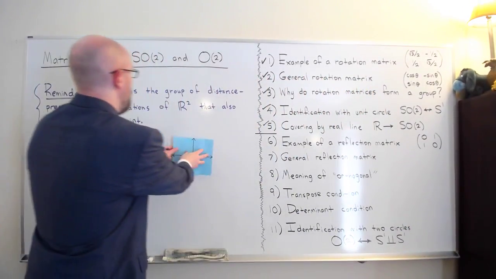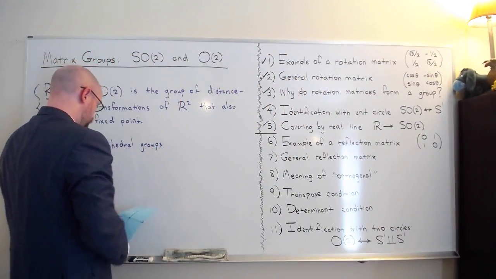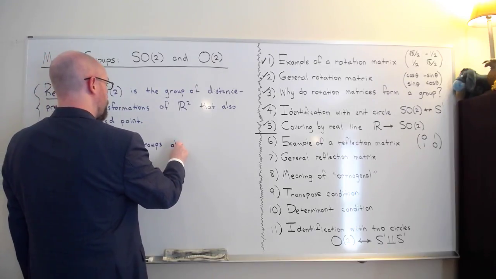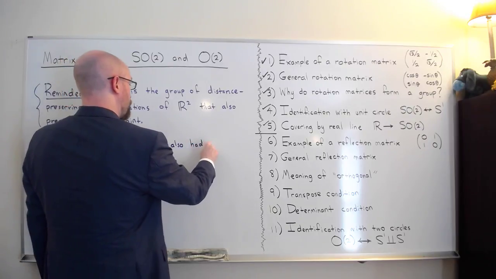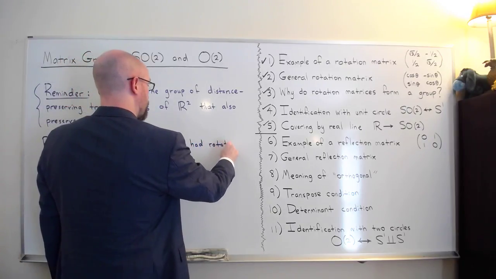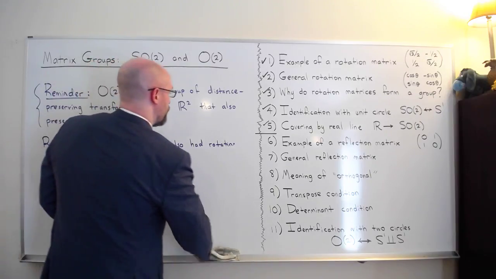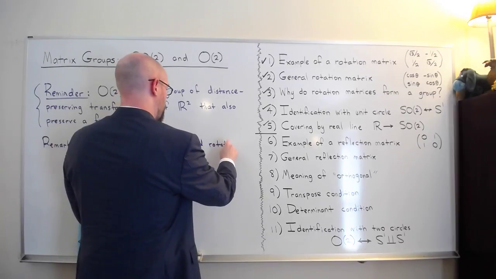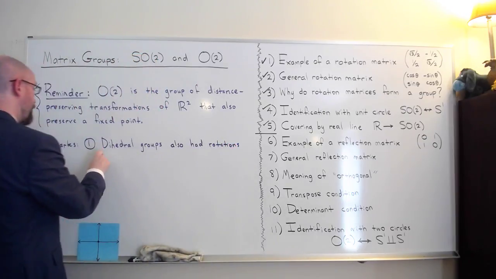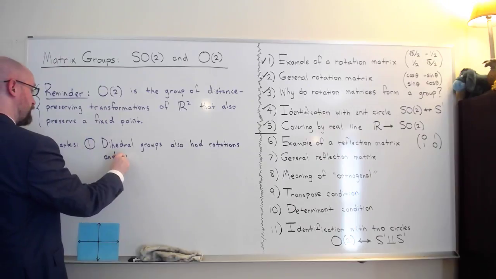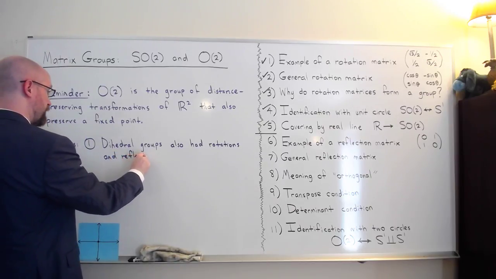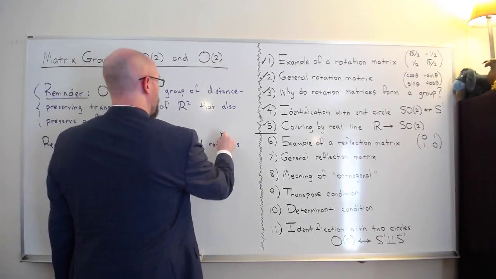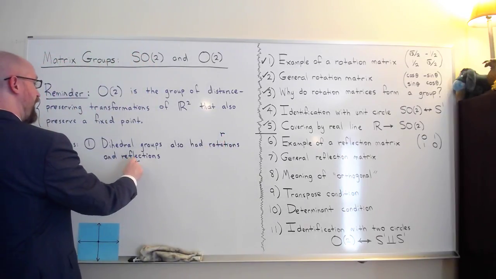Dihedral groups also had rotations and reflections. And we called the rotations R, and we called the reflection S.